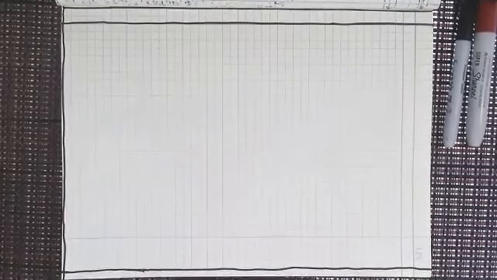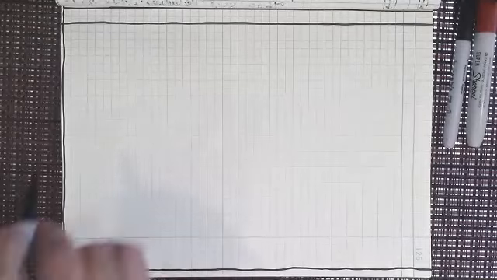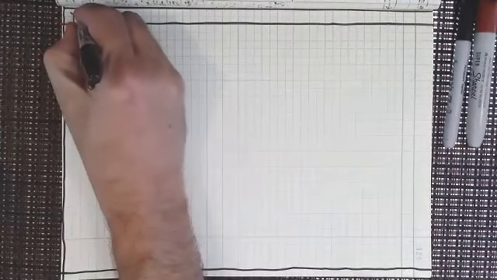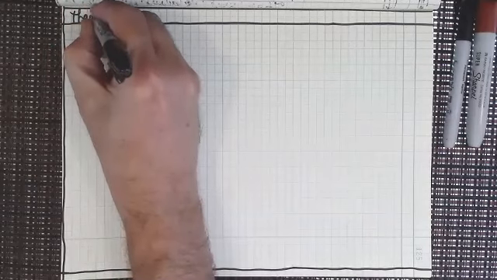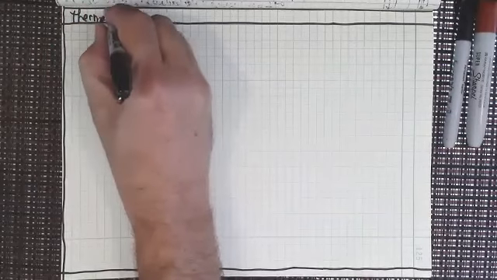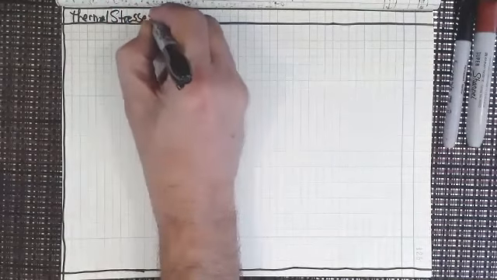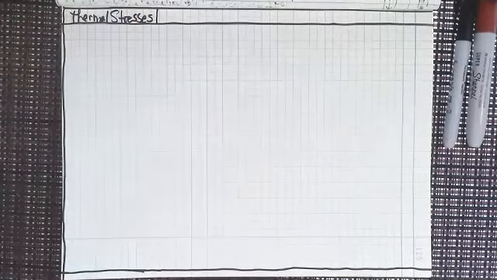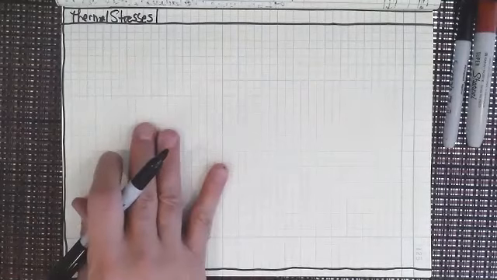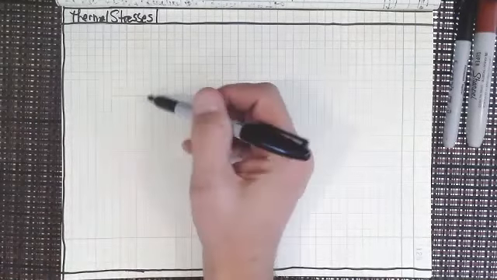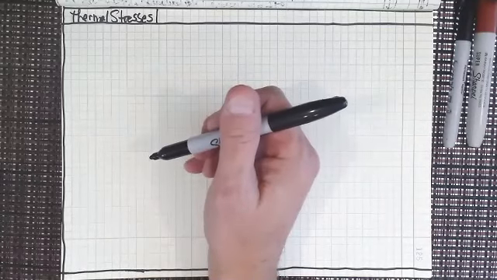Today, we're going to finish out thermal stresses, and I'm going to do an example problem that I haven't even put together yet, but it's along the lines of what I mentioned to you yesterday, where we're going to place a bar between two rigid surfaces.